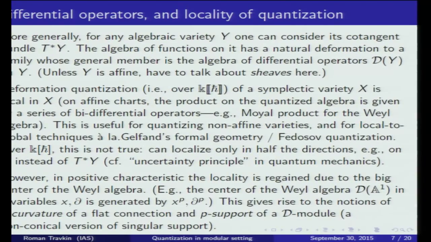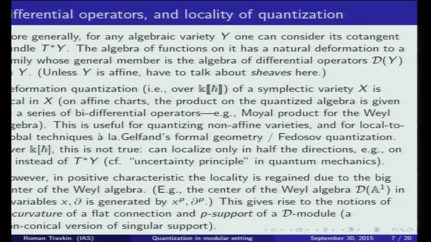Deformation quantization, which means, as from the previous slide, over the power series ring, of a symplectic variety X is local in X. On affine charts, the product on the quantized algebra is given by a series of bidifferential operators, for example, the Weyl product for the Weyl algebra.